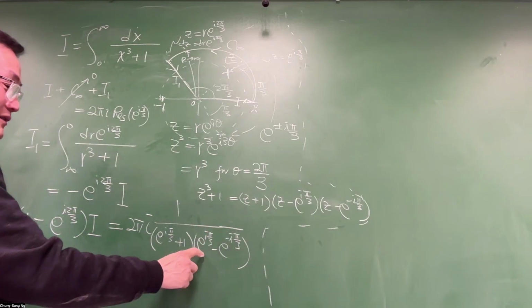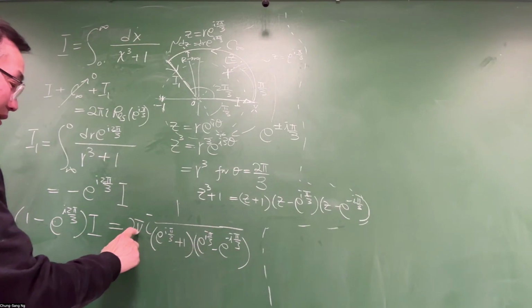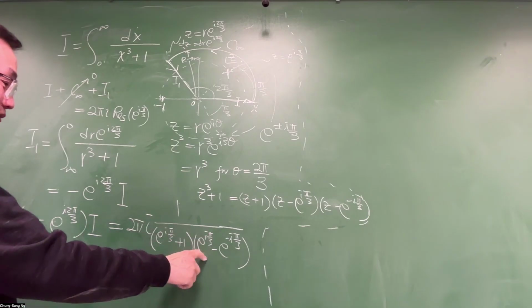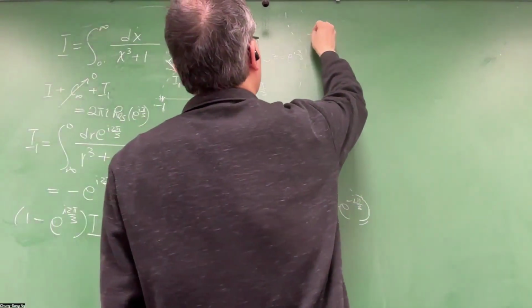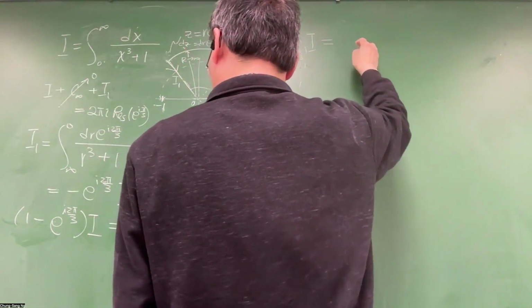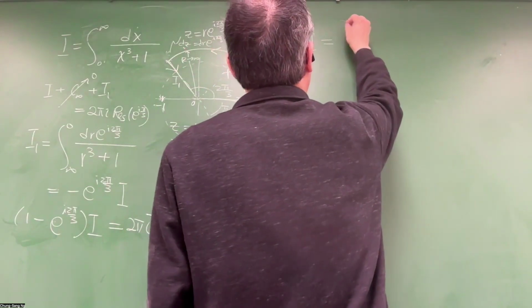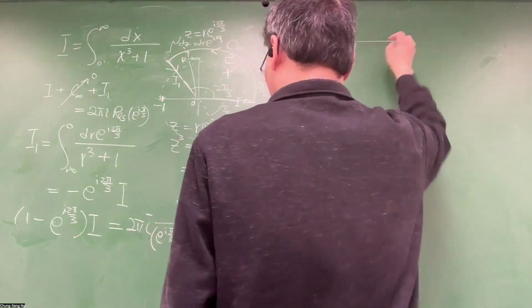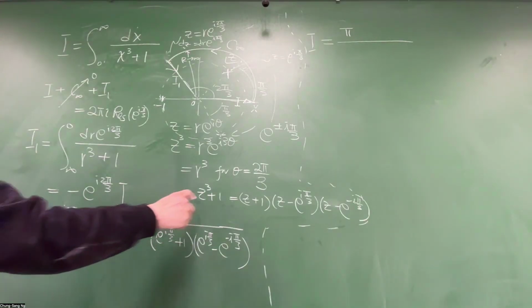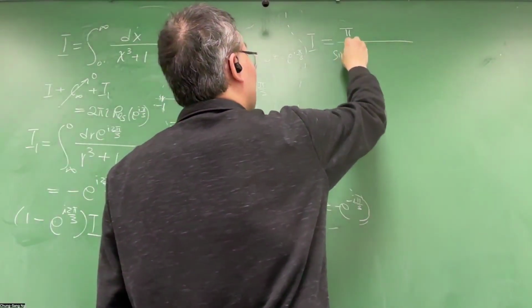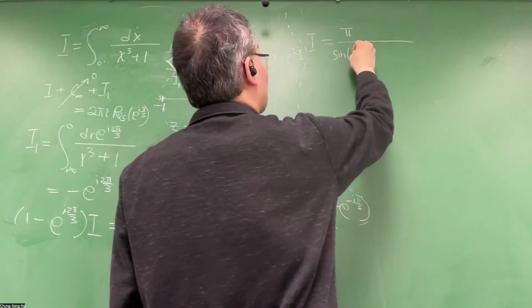It's like a sine function, right? Sine pi over 3 divided by 2i, so 1 over 2i equals, you have a pi, and dividing this one, the 2 will combine to sine pi over 3.